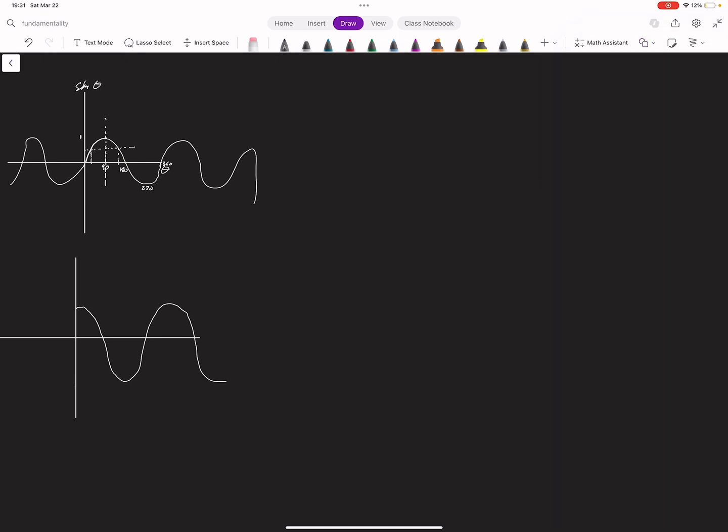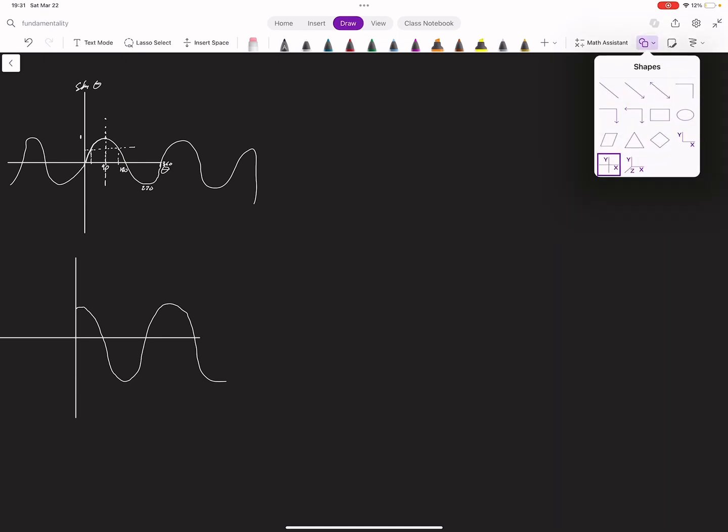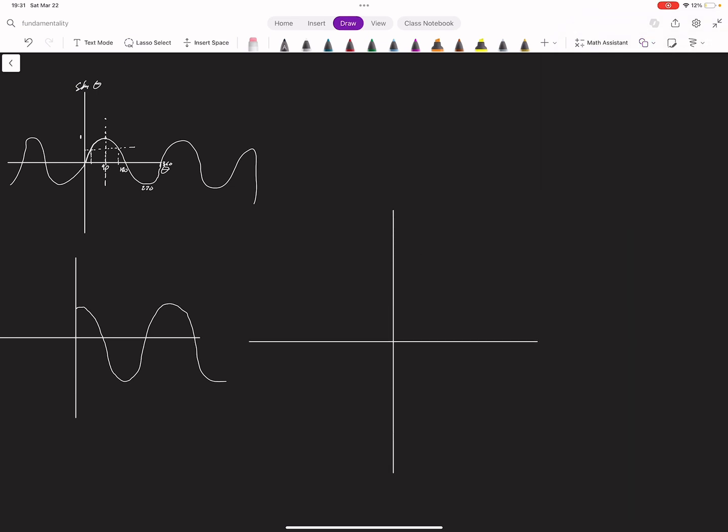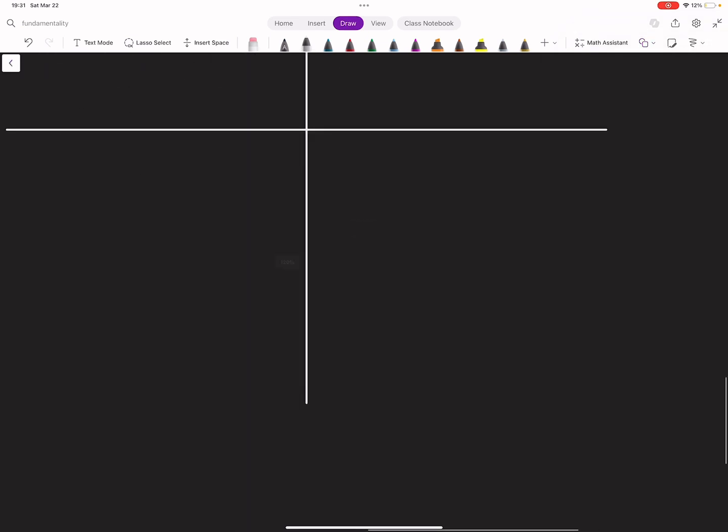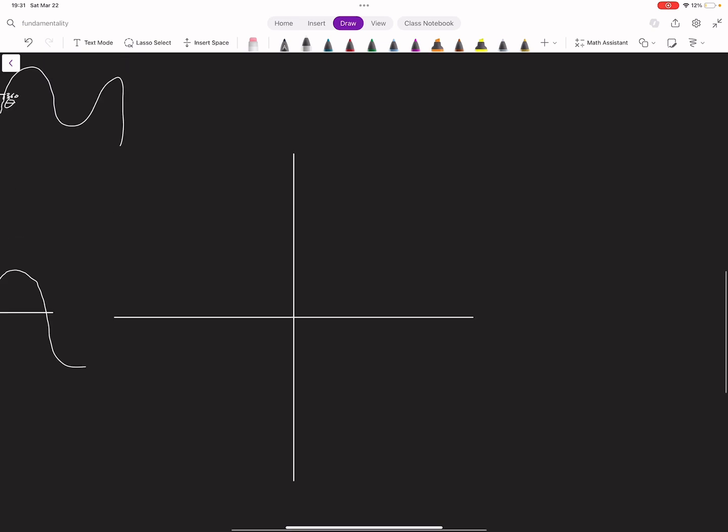But then when you get to tangent, things change up a bit. What happens, well, you start here and you increase and increase and increase until eventually you just shoot off towards infinity. This is called an asymptote.